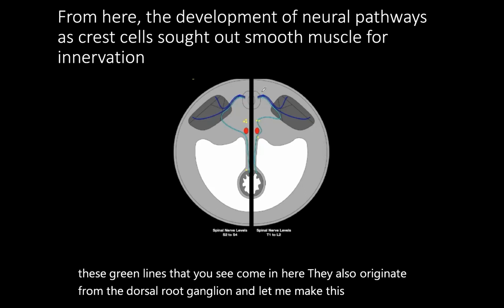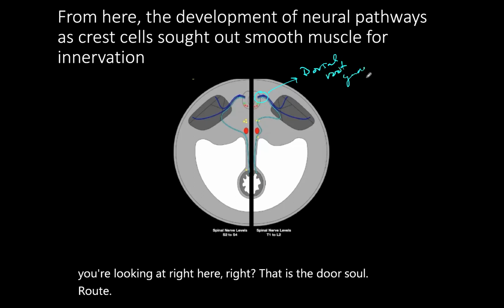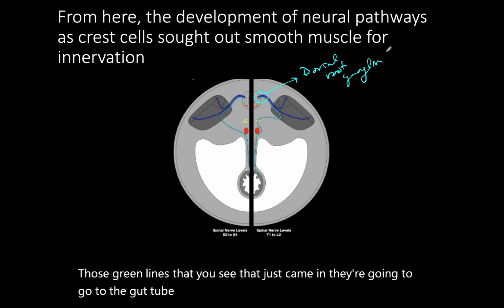What you're looking at right here, that is the dorsal root ganglion. Those green lines that you see that just came in are going to go to the gut tube. And so this is a visceral sensory neuron. These are visceral sensory neurons.